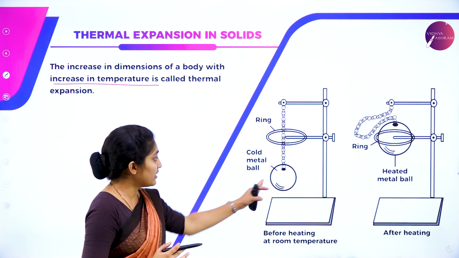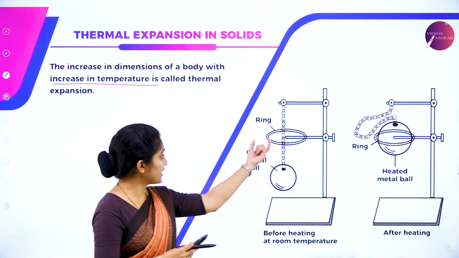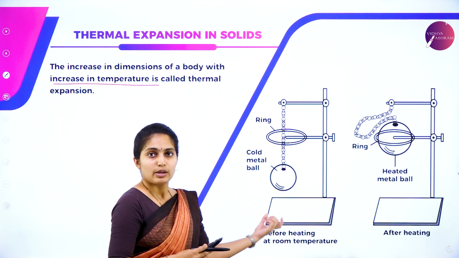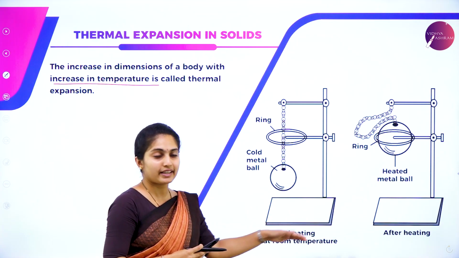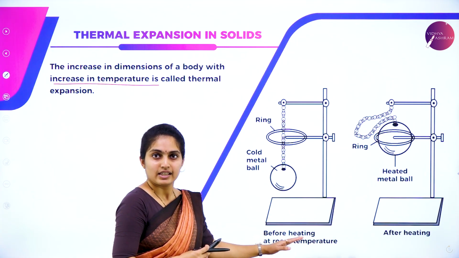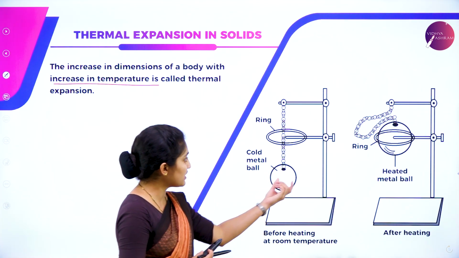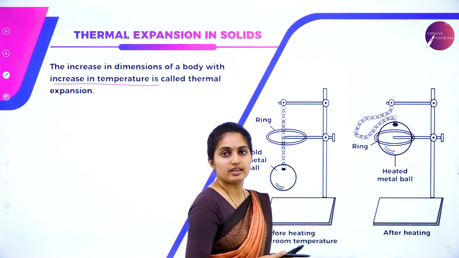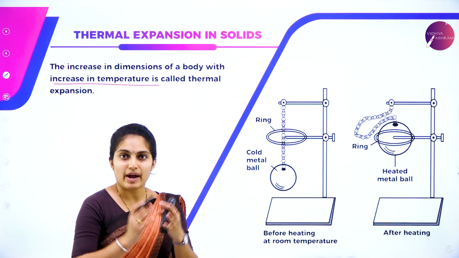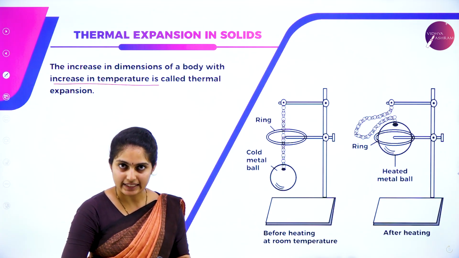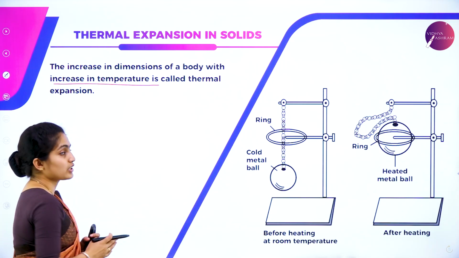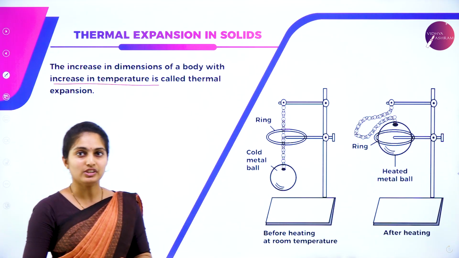There is a cold metal ball, it can pass through the ring before heating at room temperature, as given in this caption. Suppose you start heating the same metal ball and try to pass it through the ring, the ball gets expanded due to the temperature increase, okay? That is what we actually see here, thermal expansion in solids.